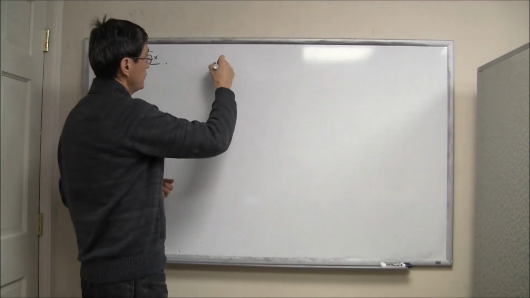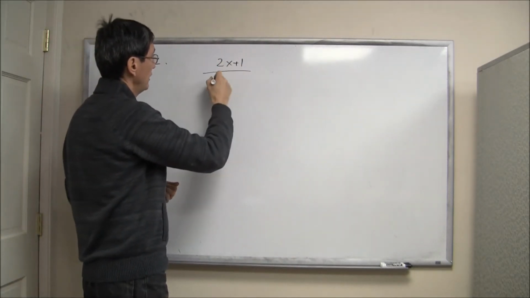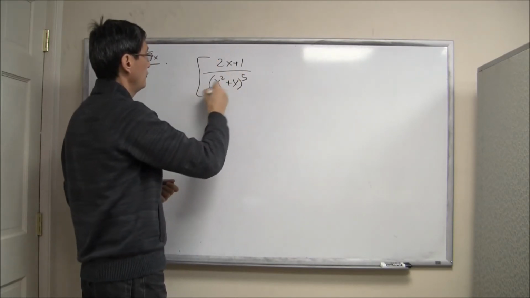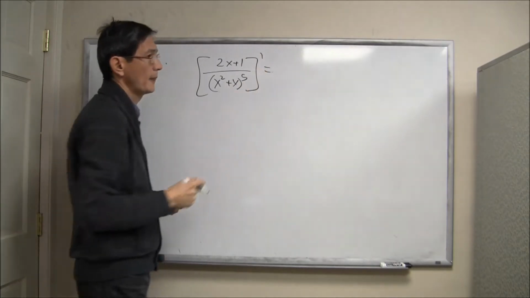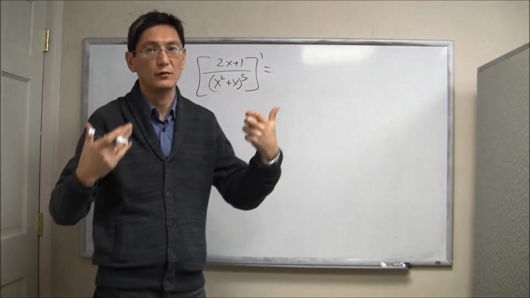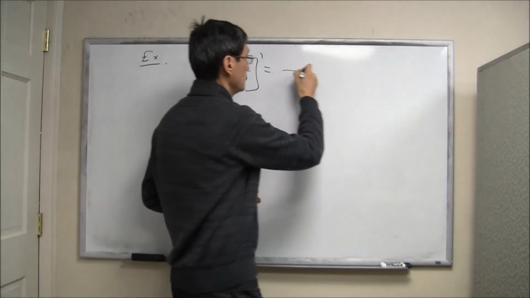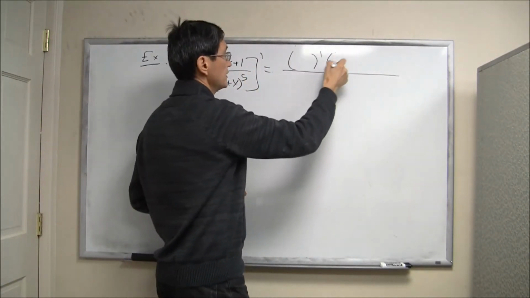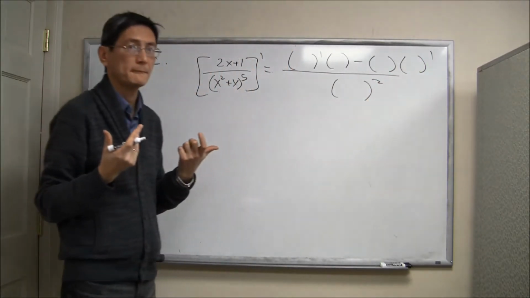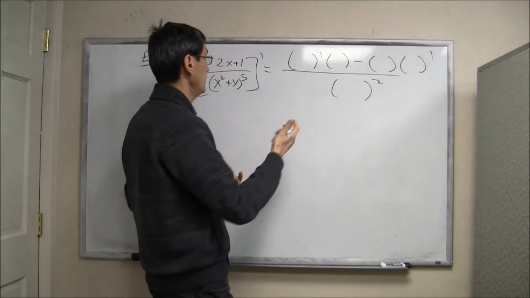So for example, we have 2x plus 1 divided by x squared plus x to the fifth, and we want to take the derivative. So we see a fraction. If we see a fraction, we have to use the quotient rule to take its derivative. So I'm writing down the scheme for the quotient rule. Okay, now I'm going to plug it in.